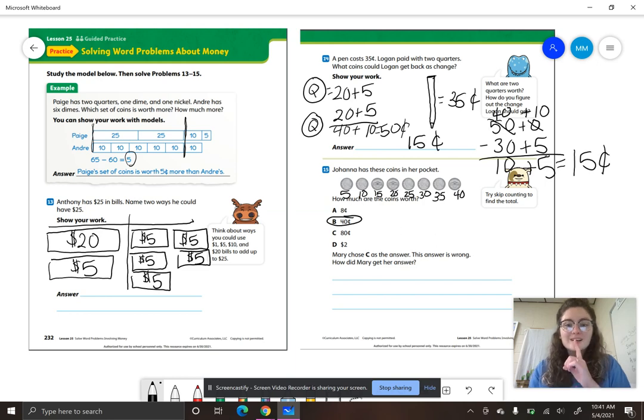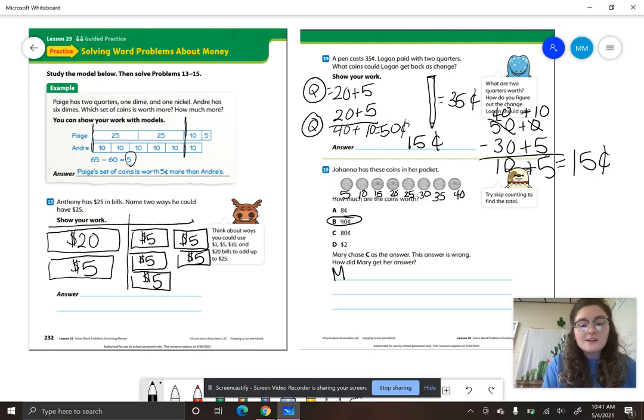What did Mary think the coins were? What coin is worth 10 cents, Smarties? Dimes. So what did Mary think she was counting? She thought she was counting dimes and not nickels. Oh, silly Mary. That's okay. Good learners make mistakes, right? So now she knows that this coin is a nickel and not a dime.